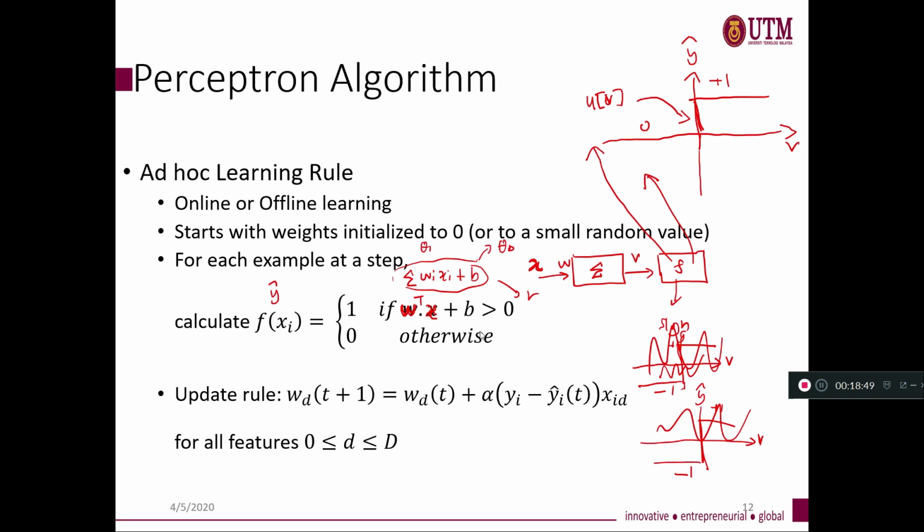With this unit step, whether that point belongs to plus 1 or 0. That is still a binary classifier, because you classify the given input into two classes. It doesn't matter whether it is negative 1 and plus 1, or 0 and 1, it is still a binary classification approach.